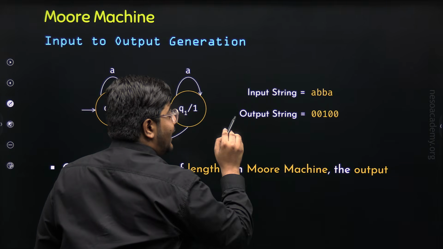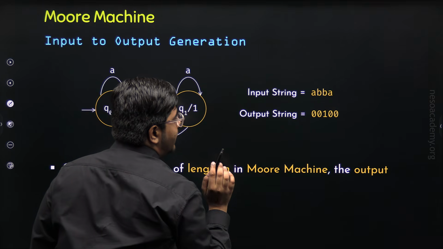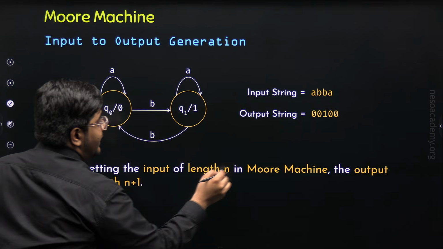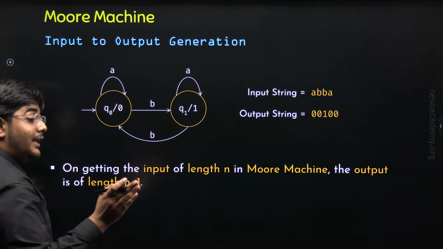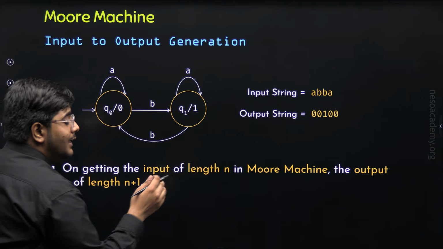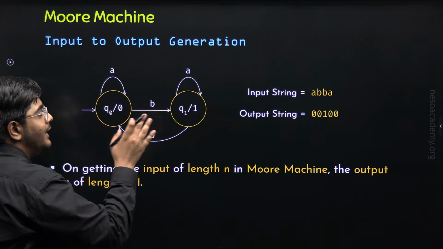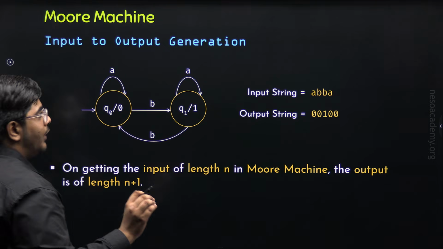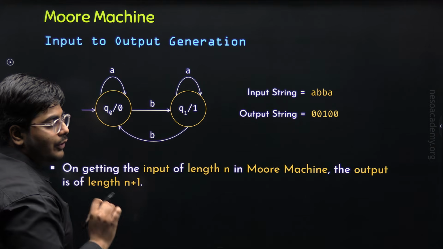That means the length of the output string is 1 plus the length of the input string. In case of Mealy machines, if the length of the input string is n, then the length of the output string is also n. But it is n plus 1 in case of Moore machine. I hope input to output generation in case of Moore machine is now clear to you.